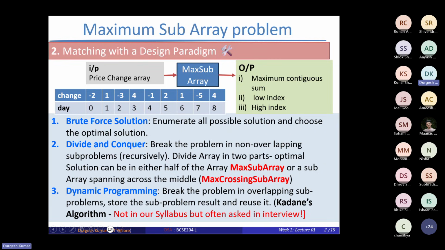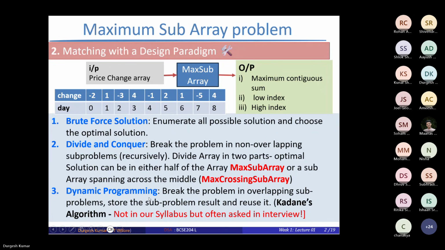The optimal solution can be either in the first half, the left side, or the second half, the right side of the array, or a subarray spanning across the middle. That will be given by the maximum crossing subarray.